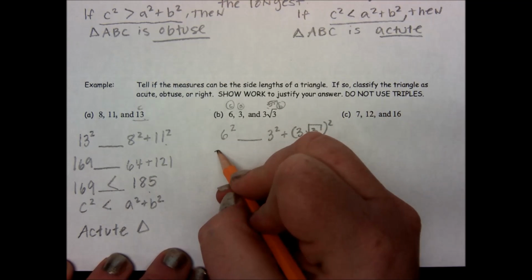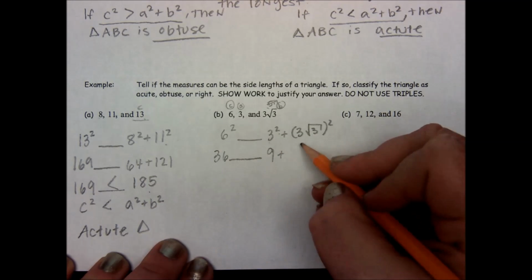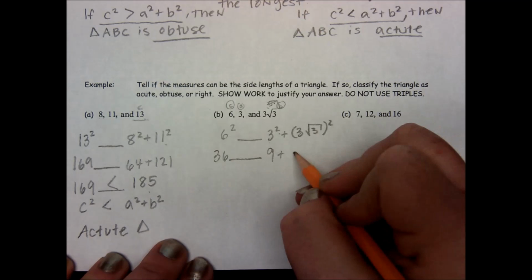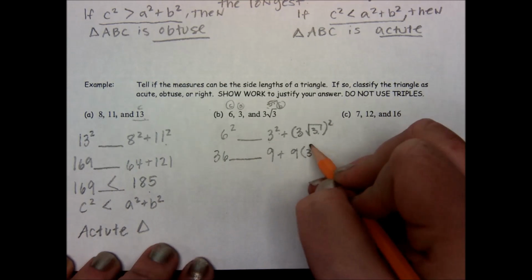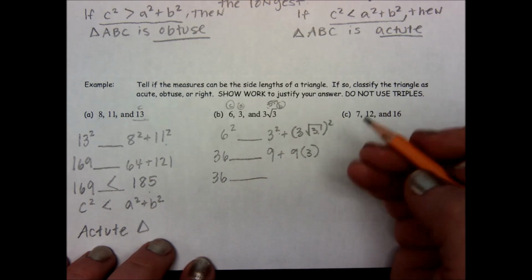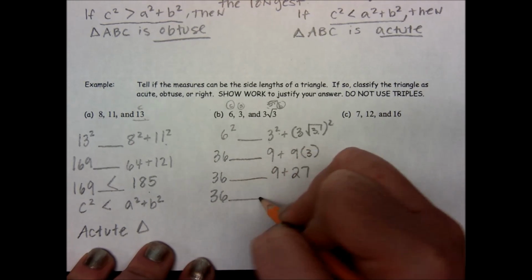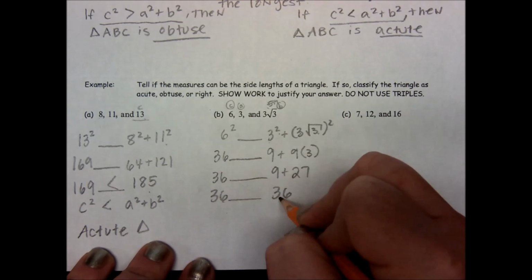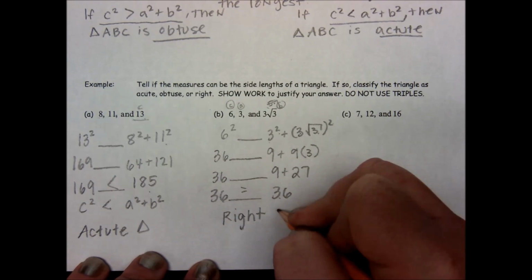So this is 36, and then 3 squared is 9 plus, 3 squared is 9, and then square root of 3 squared is 3. So is 36 greater than 9 plus 27? It's 36 to 36. Looks like these are equal, so this would be a right triangle.